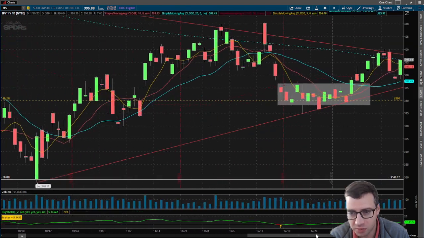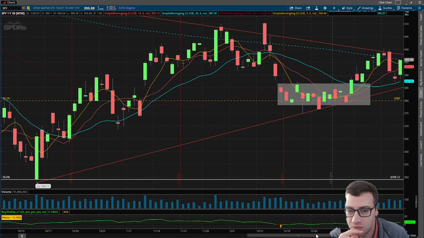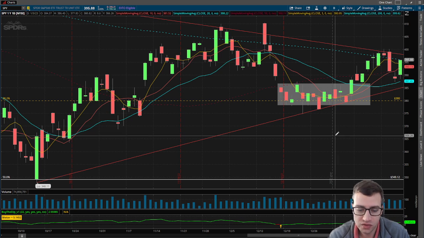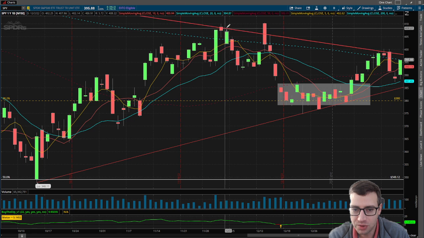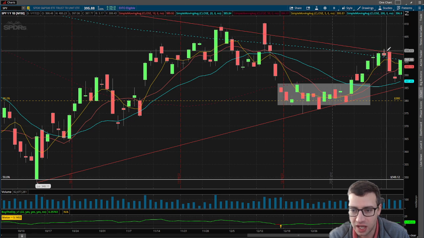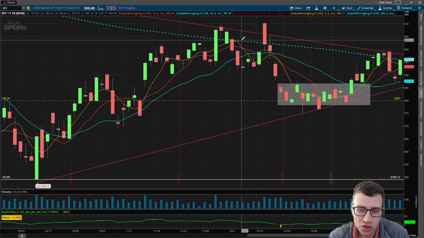The more times price touches a period of support or resistance, the more likely we are to see that break. So in the last month, since December, we've seen price hit this downtrend line quite a few times, and it's been rejected each time. But again, the more times it goes after that resistance area, the more likely we are to see it break.